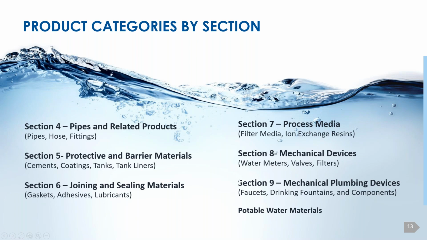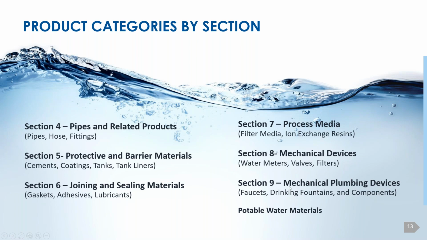But today, we're going to be specifically focused on these products that fall under Section 9 of the standard, known as mechanical plumbing devices or sometimes endpoint devices. These devices specifically are those devices that fall within the last liter of the drinking water system. And specifically today I'll be focusing on the evaluation of lead leaching from these Section 9 products.